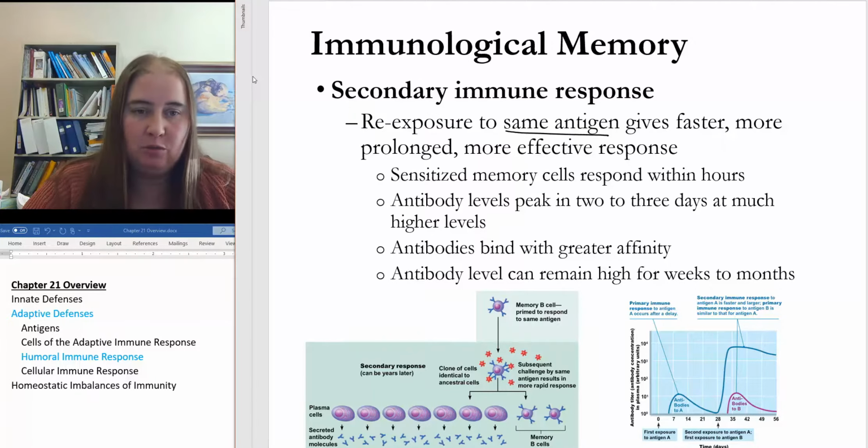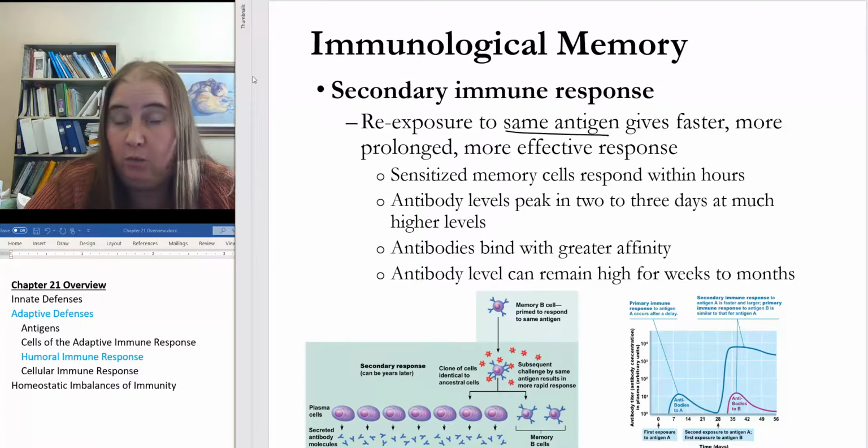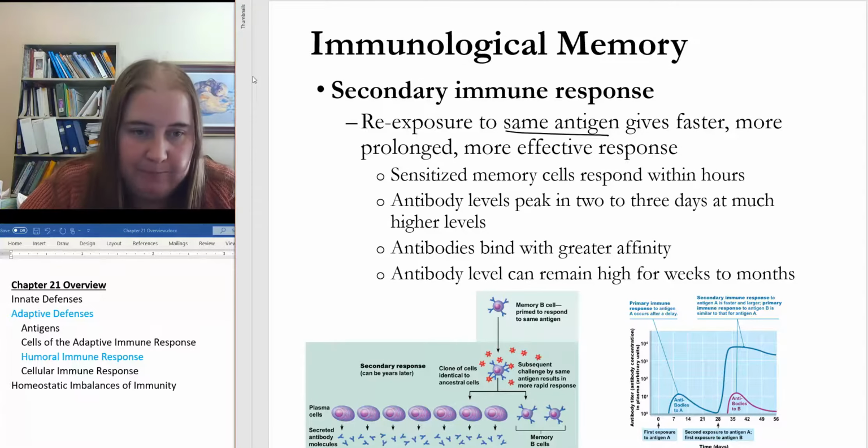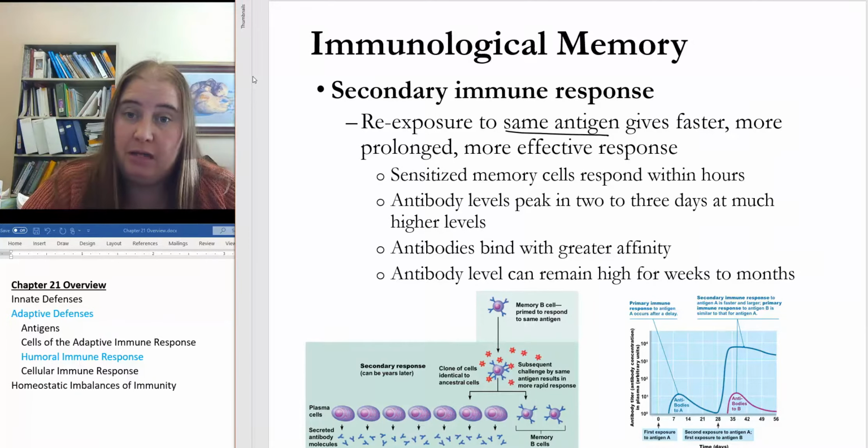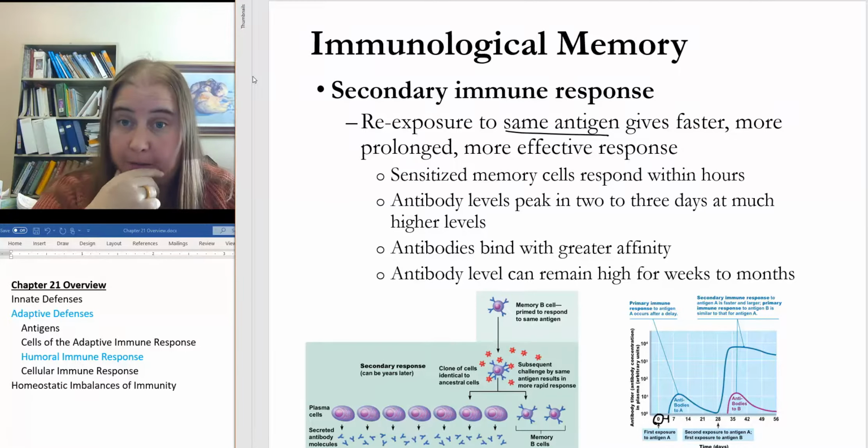Okay, so let's look at what we mean here. I like this little chart over here because it really gives you a good visual for what we're talking about. You know how we talked about the fact that the adaptive immune system has to be primed. So you're exposed to a pathogen on day 0, a pathogen you've never seen before. It takes about 5 days for that process we just talked about to occur.